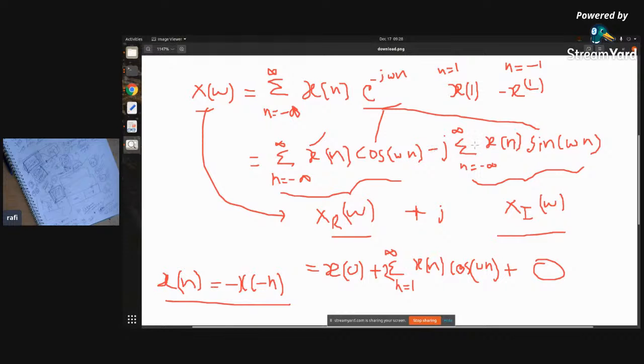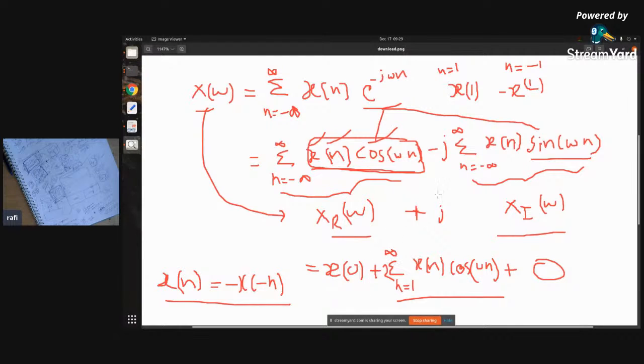Since the negative sign is there here, I think you know this rule. I'm just trying to do it mathematically. This is an even function, cos is also an even function. When you multiply two even functions, the overall result is also an even function. So if negative indices are there, you can write 2 into the sum from 0 to infinity.